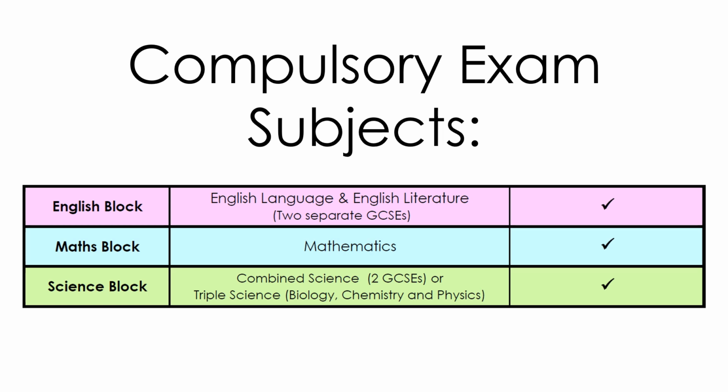If any of the children wish to study separate sciences, and we refer to that as triple science, therefore they will sit a GCSE in biology, chemistry and physics, they will need to select this as one of their options on the option form, and I will cover that in a couple of slides time.